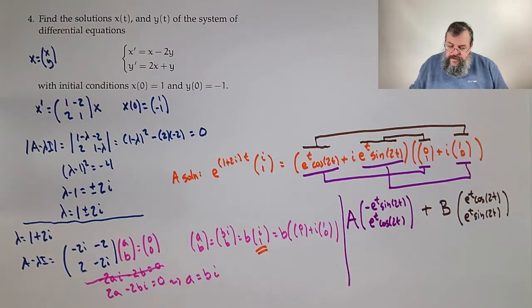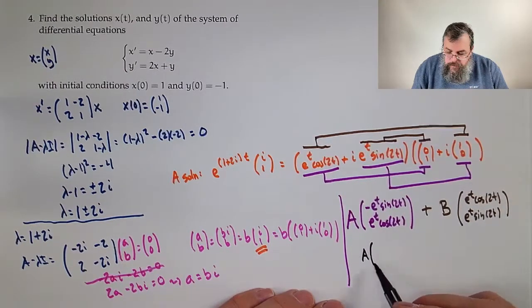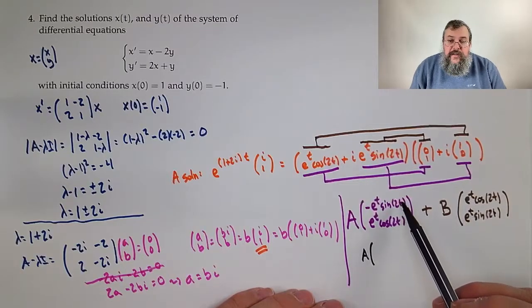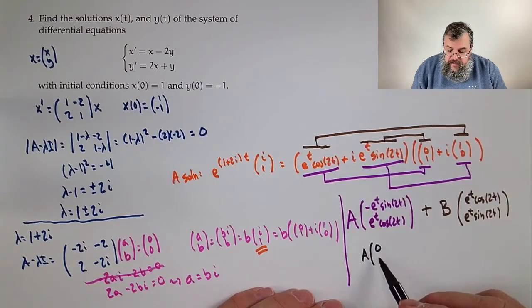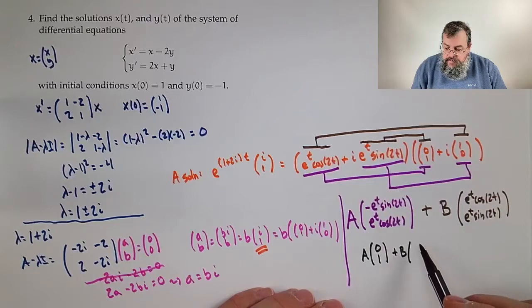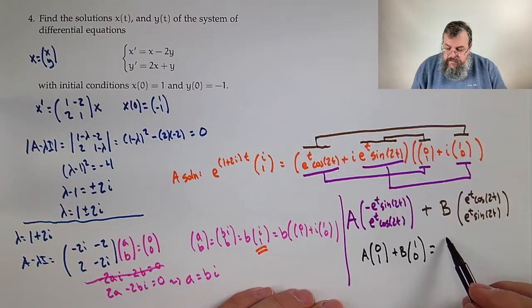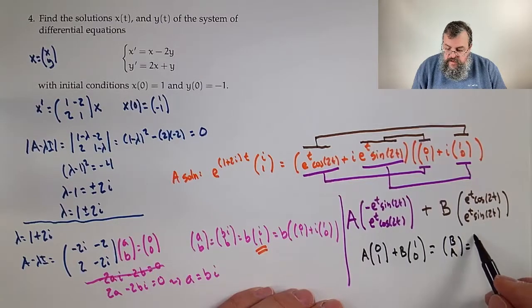Well, what we do is we plug in 0. When we plug in 0, the sine part goes away, and the cosine part becomes 1. So a times the vector 0, 1, plus b times the vector 1, 0, has to equal, well, if you add it up, you get b, because you get 0 plus b, and a equals 1 minus 1.